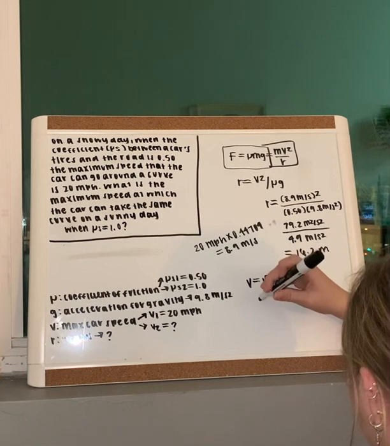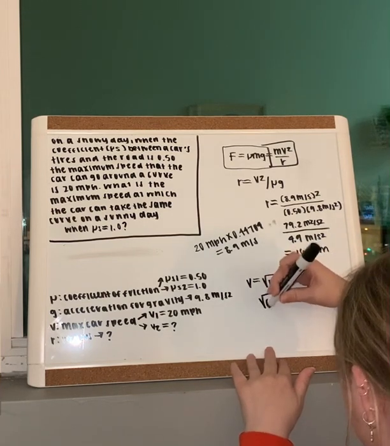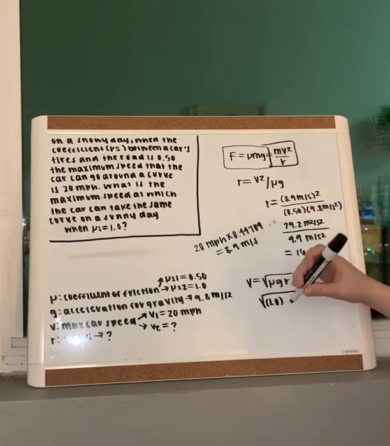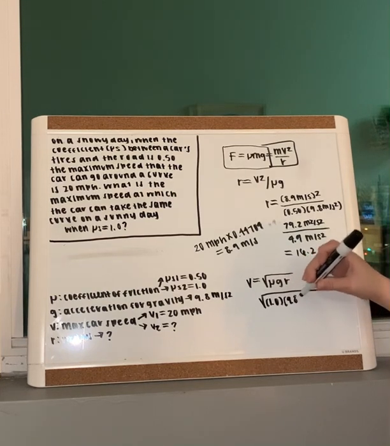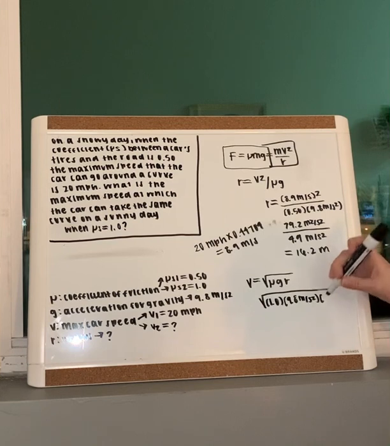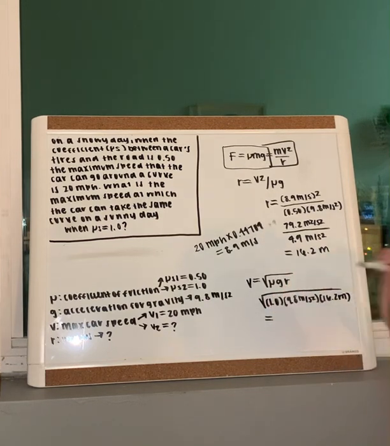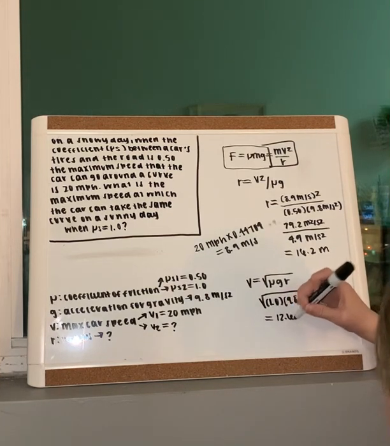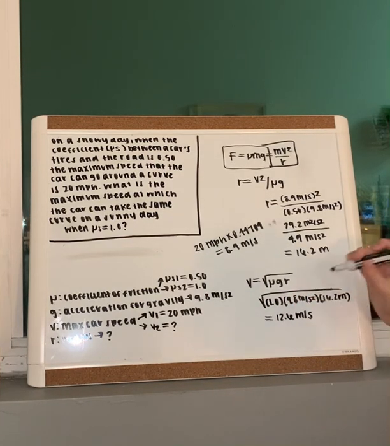So we're just going to plug those numbers in. Perfect. And then after calculating the square root of these items, it's going to be 12.6 meters per second.